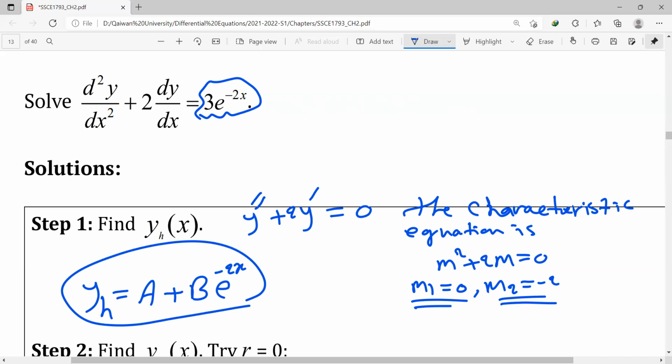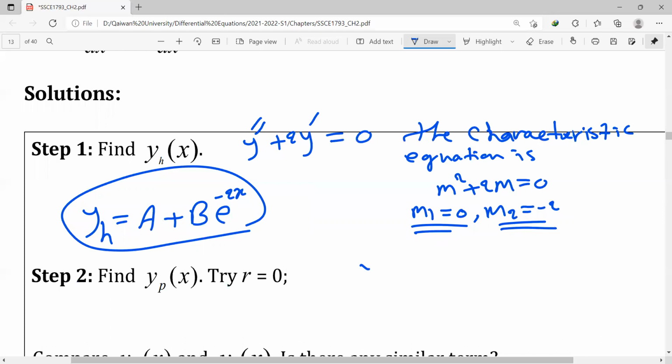Now, we choose the suitable particular solution. Since the right-hand side is an exponential function, the particular solution must be in this form: x to the power r, let's say c e to the power mx.